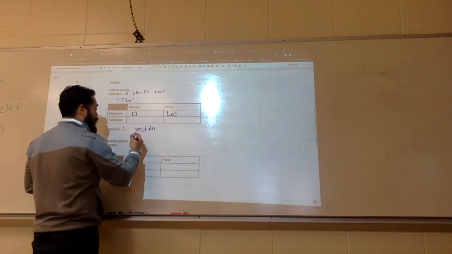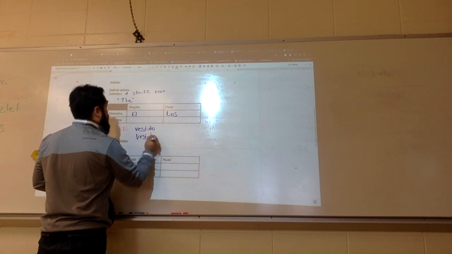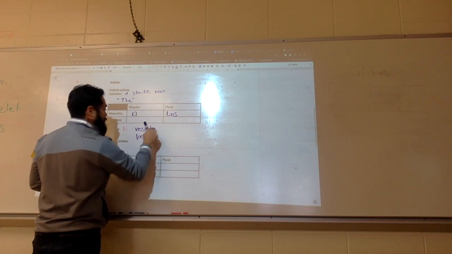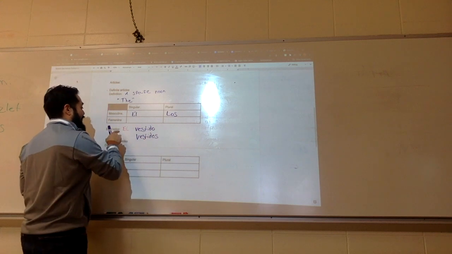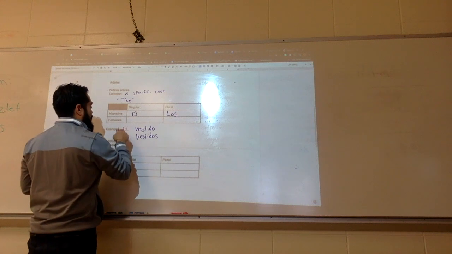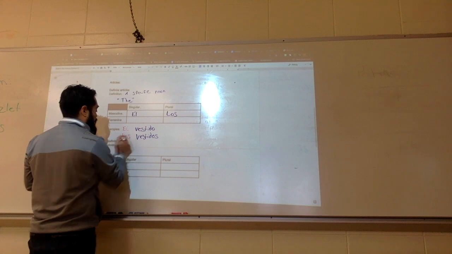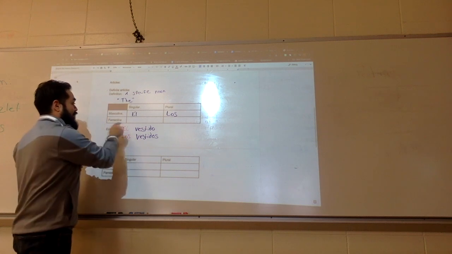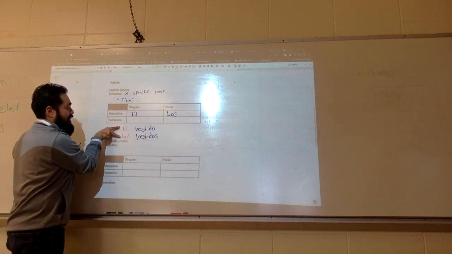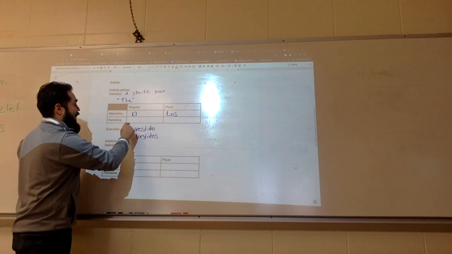If I want to talk about more than one dress, I make vestido plural with my previous rules by adding an S because it ends in a vowel. But I can't say el vestidos because that doesn't make sense, right? Because el is for singular, I would have to say los vestidos. So the dress, the dresses. Both of these words mean the, but because it's a different amount of dresses, I have to change those two.